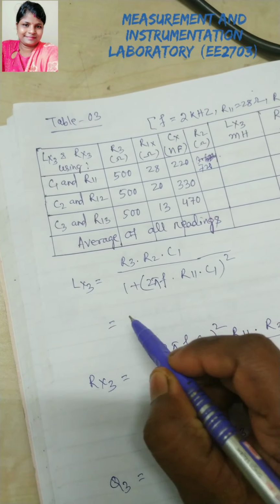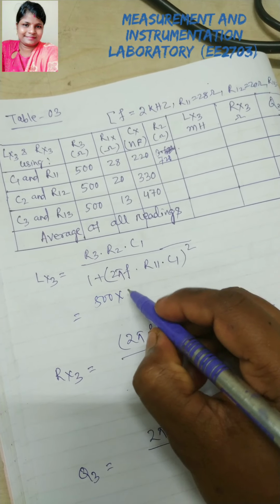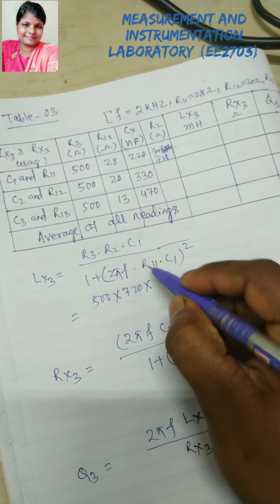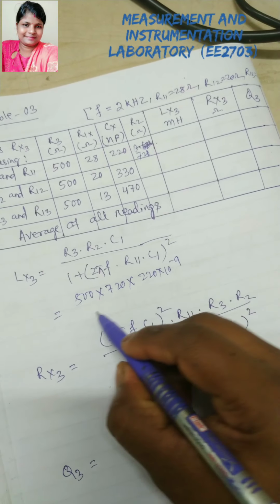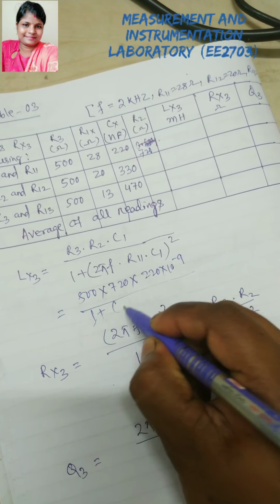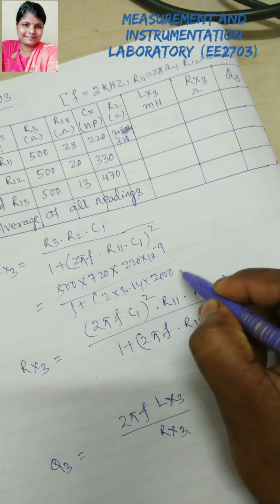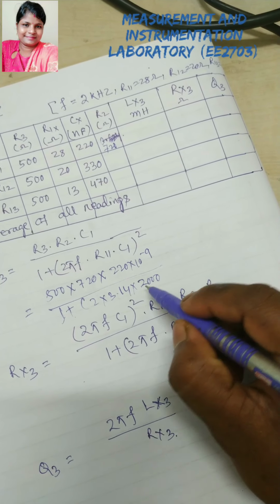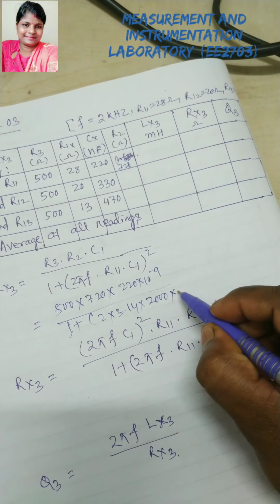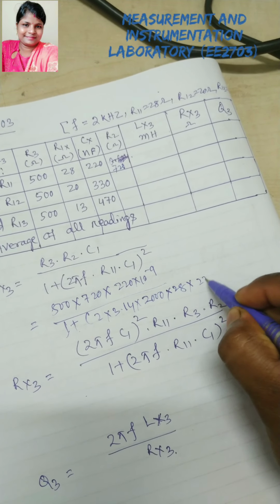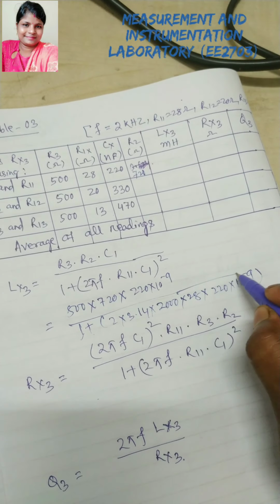Here R3 is 500, R2 is 720, C1 is 220 into 10 to the power minus 9, divided by 1 plus 2 into 3.14 into 2000, 2 kilohertz, that's why 2000, into R12 is 28 into C1 220 into 10 to the power minus 9 square.